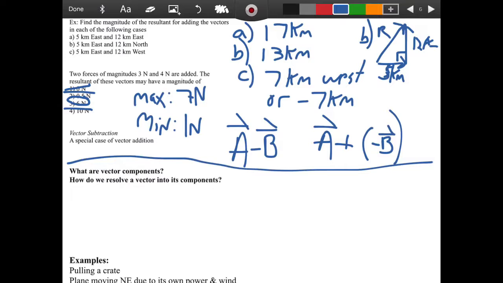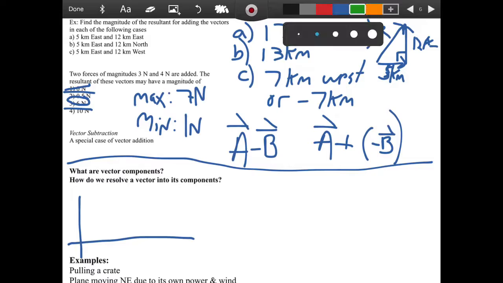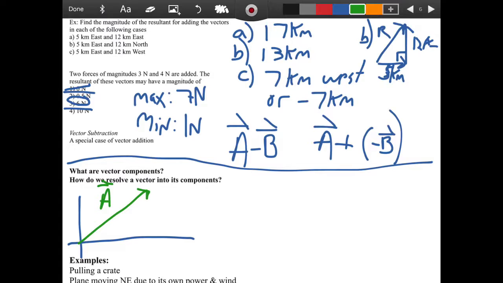Let's say we have a coordinate plane, and let's say this is my vector, and we'll call it again vector A. So how do we resolve it into components? Well, again, this is going to be the x-axis. This is going to be the y-axis. So we're going to have an x component.